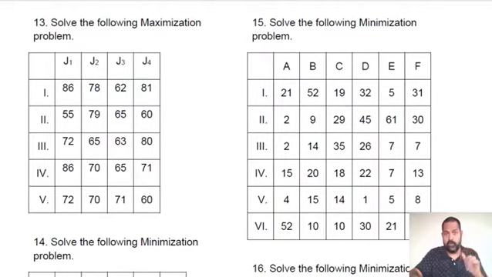So it is 1, 2, 3, 4, 5, J1, J2, J3, J4. So let me do a thing.